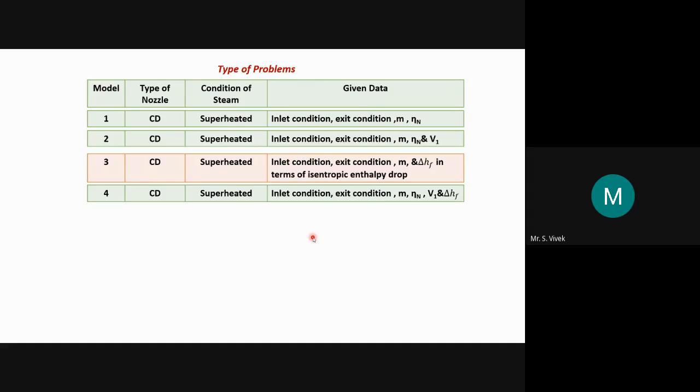Most probably on Monday and Wednesday we will complete this unit, and I will share a list of problems compiled from previous university question papers. You try to solve it on your own and submit an assignment on that. It is just an assessment, nothing more than that.